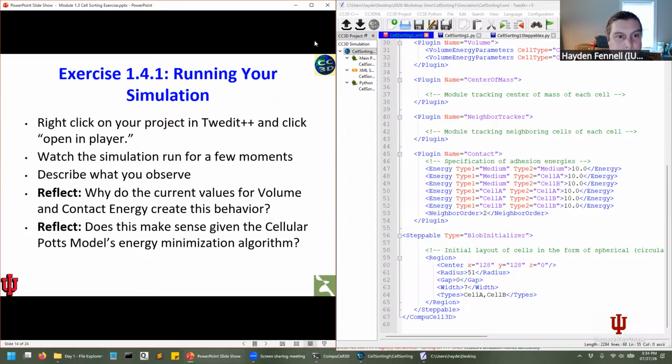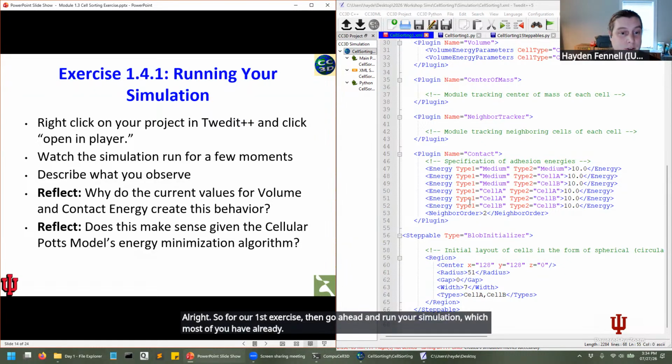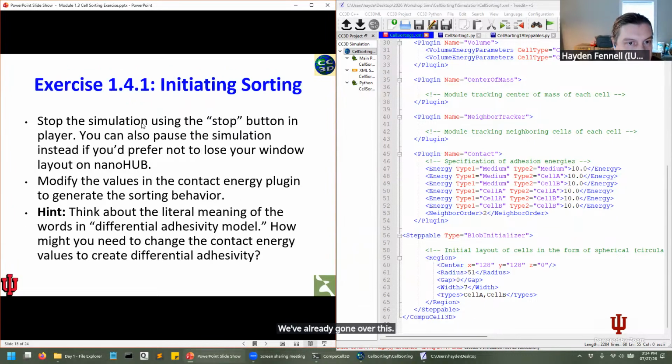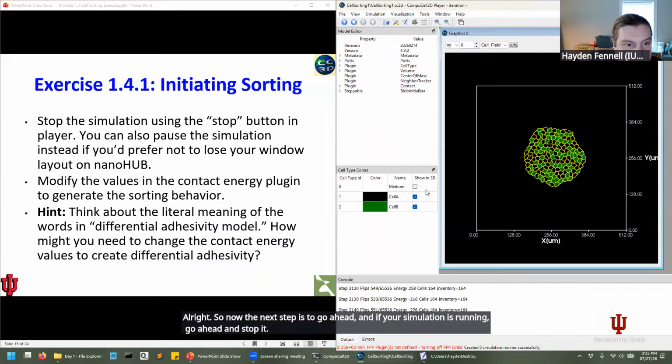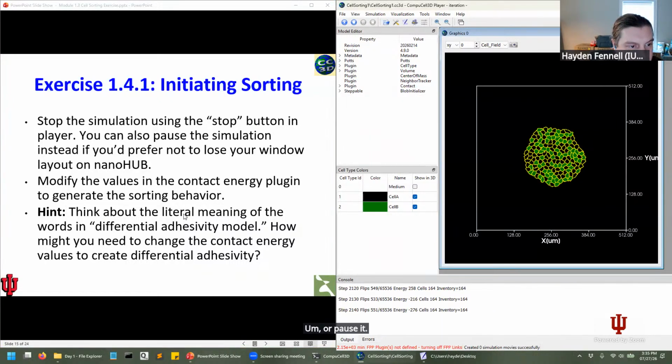All right, so for our first exercise, go ahead and run your simulation, which most of you have already done. If you shared a screenshot, you've already done that. We've already gone over this slide. So now the next step is, if your simulation is running, go ahead and stop it or pause it, either way.